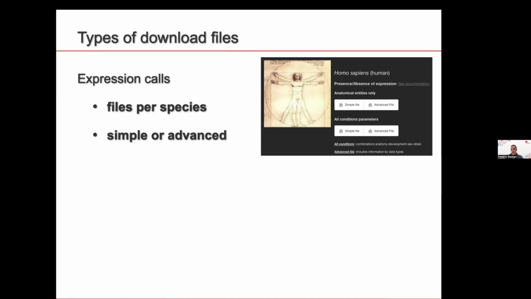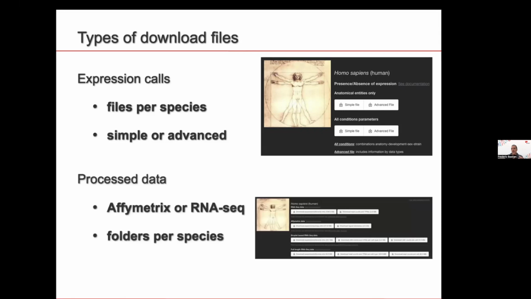The second type of information we provide is the processed expression values. We retrieve the individual data sets and process them to give gene expression level information in TPM. We provide this information per species and for each data type individually, so that you can really redo your own analysis.